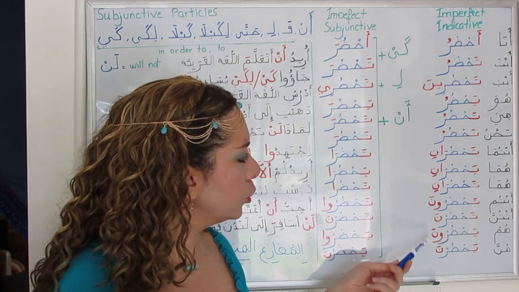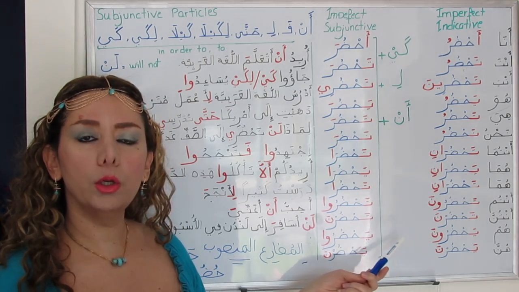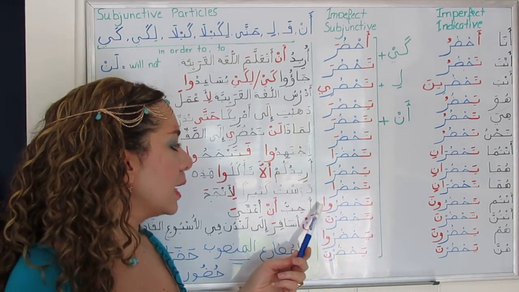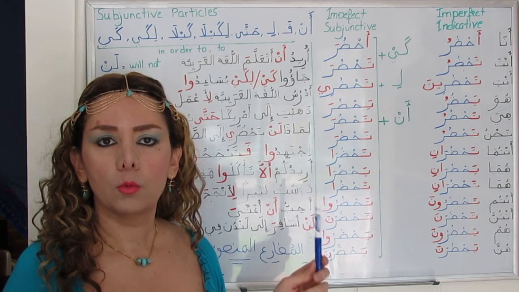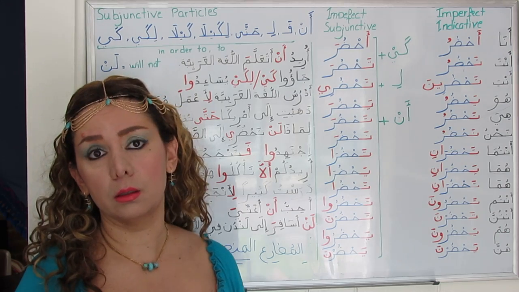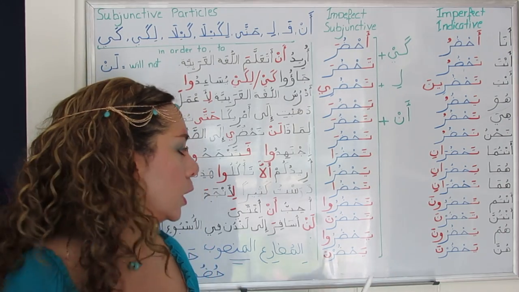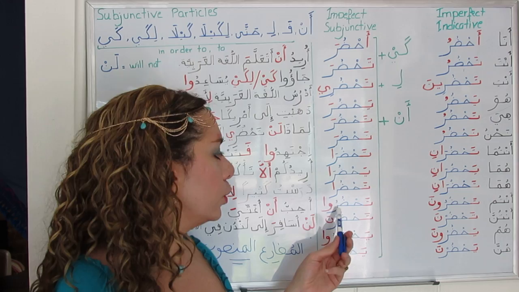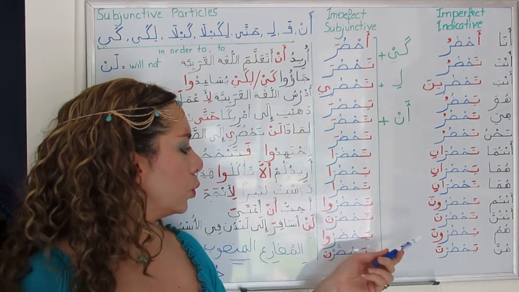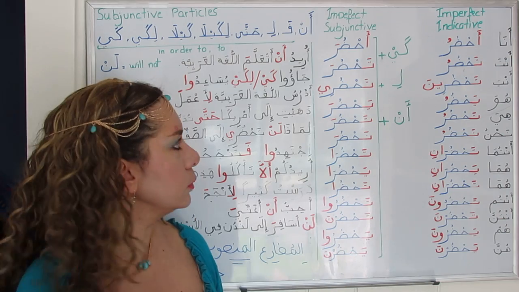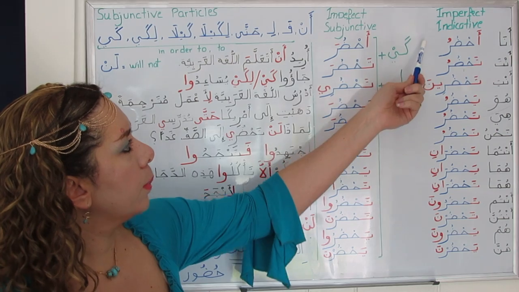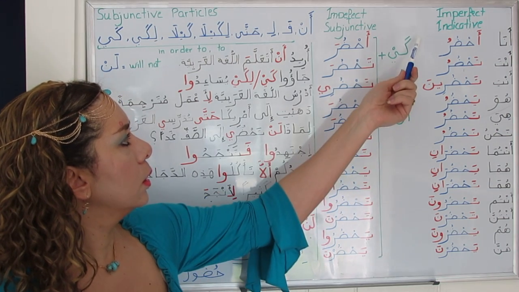For أنتم and هم, for the ون, we will lose the nun and instead we'll have a silent alif. We will not even pronounce it. I don't know why it's there. You have to write it down. You will just pronounce the long vowel u. تحضروا، يحضروا.